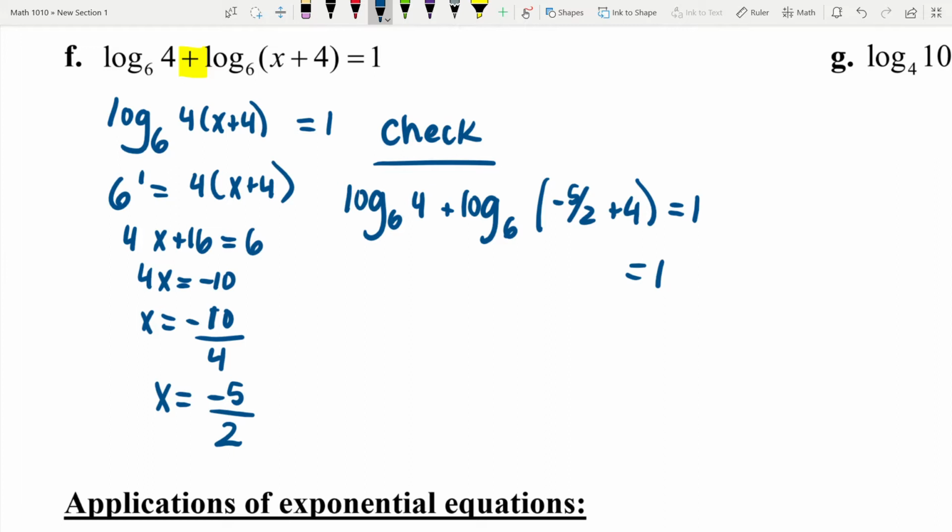Okay, you're going to go log 4, close it off, divided by log 6, close it off, plus log, I'm just going to go negative 5 divide 2 plus 4, close it off, divided by log 6, close it off, enter. I got 1 equals 1. Everything's great, and I'm done.